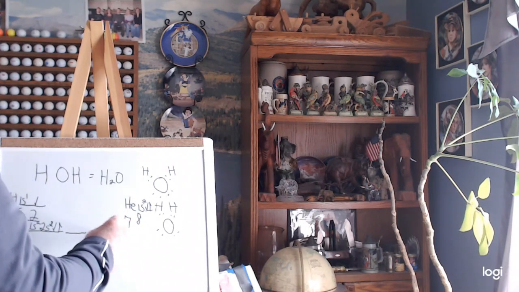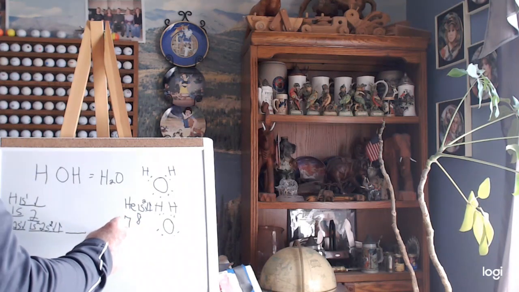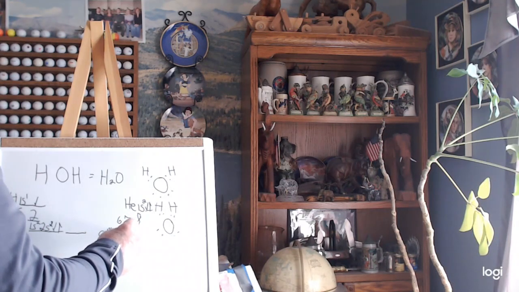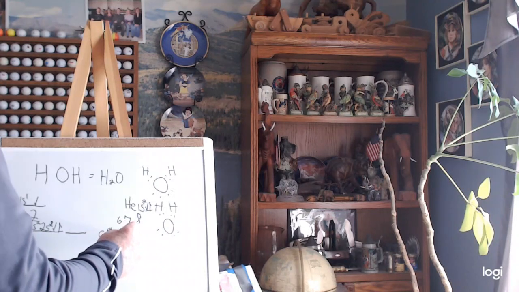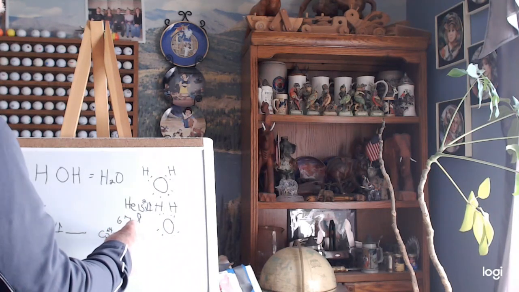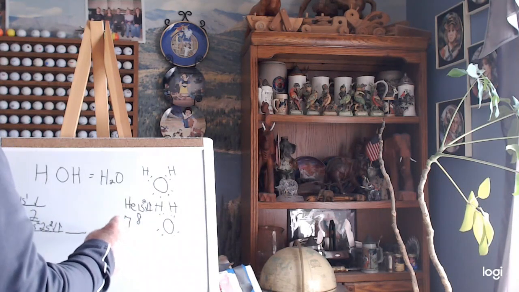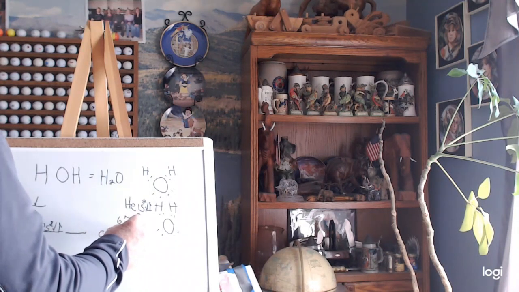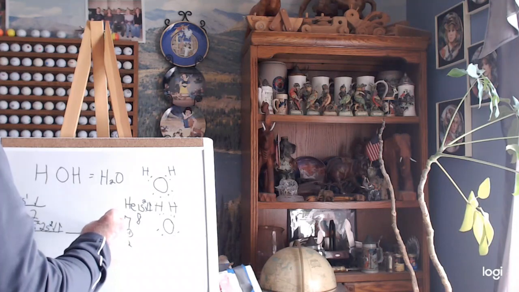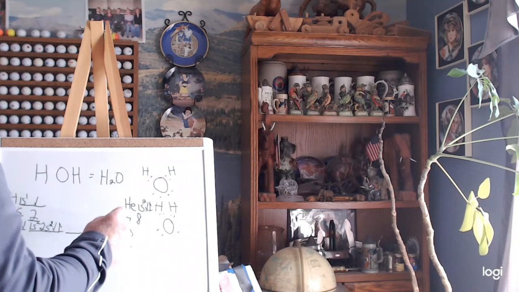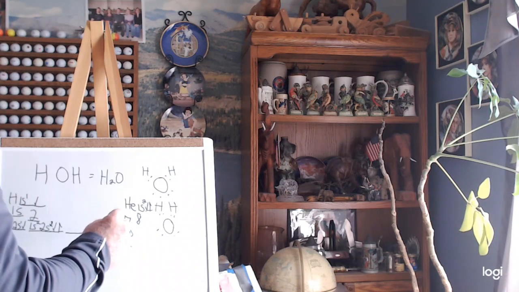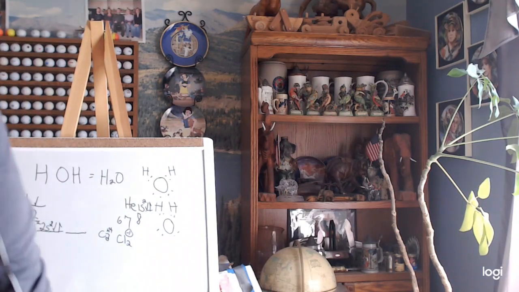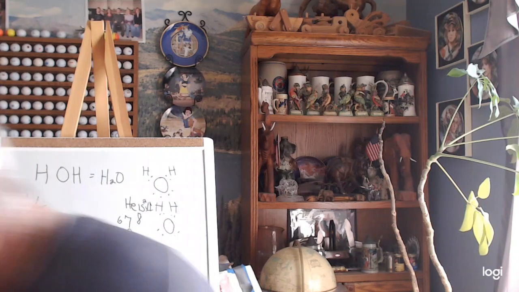Now you can see up front, if calcium has 2 electrons to give and each chlorine can accept one electron, there has to be 2 of them. So the formula would be CaCl2. 2 of these needed to counteract the 2 plus. All right, that's kind of a pseudo journeyman introduction to the periodic table.